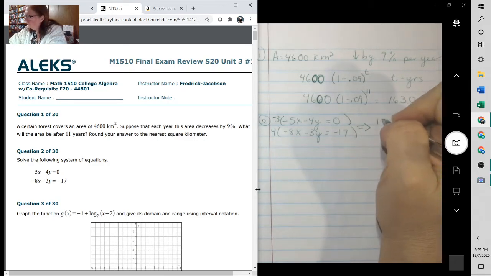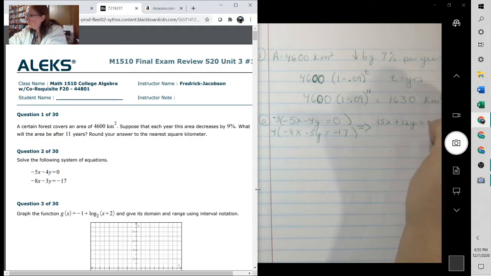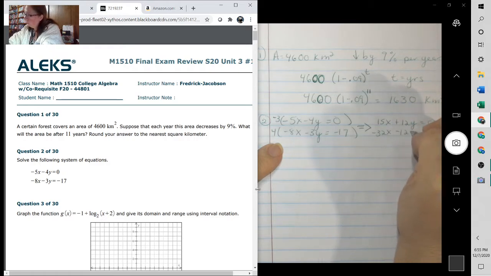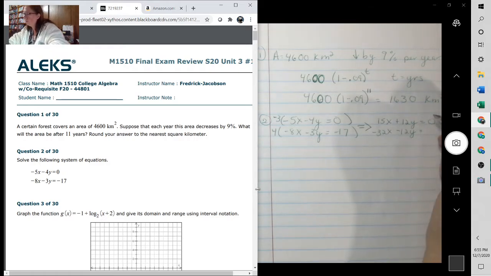So we have 15x plus 12y equals 0, and then -32x minus 12y equals 4 times 17, -68.